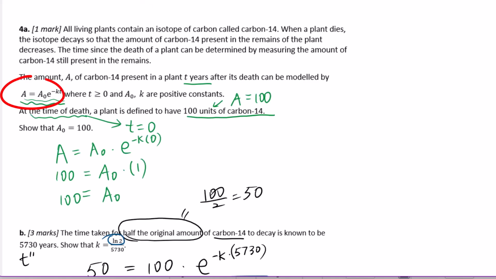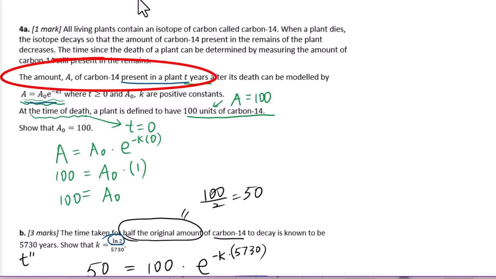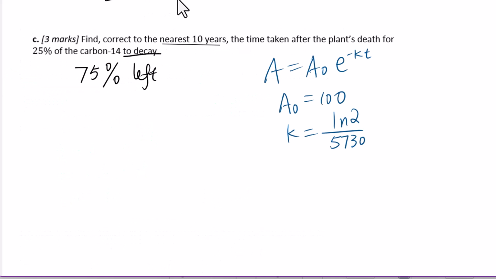So based on this equation, A is the amount of carbon-14 present in a plant after T years, which means A equals 75, because 75% remained. 75 equals 100 times e to the negative natural log of 2 over 5,730 times t.